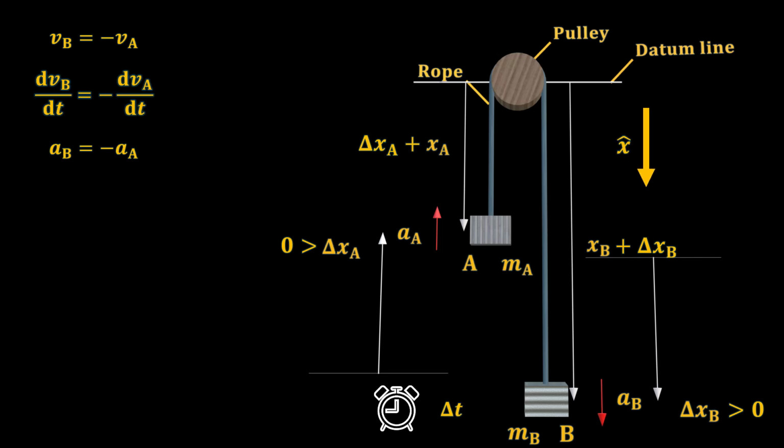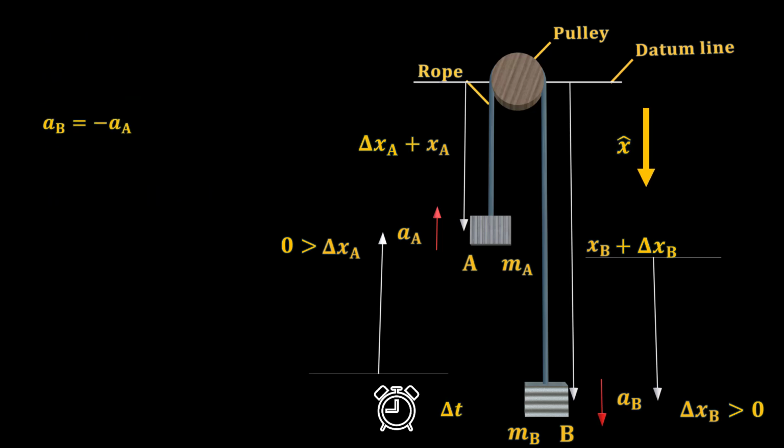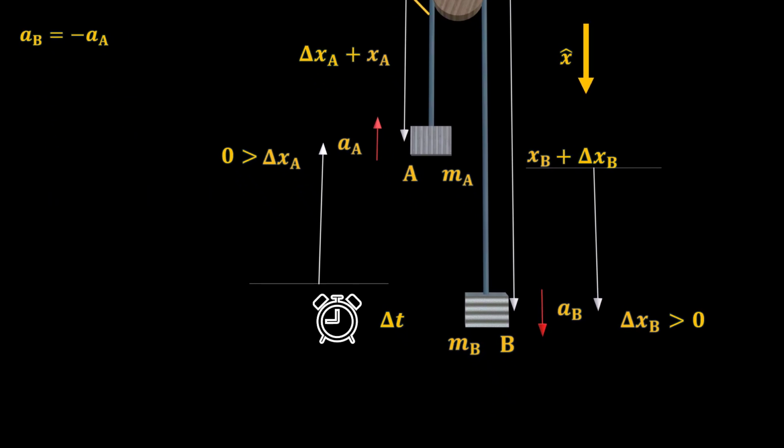And here, AA is negative because AA points upwards. If we plug this into the equation, we should get AB as positive, meaning AB greater than 0, and this is consistent with our sign convention. This equation is also telling us that the magnitudes of the accelerations are equal, but they are opposite in direction.